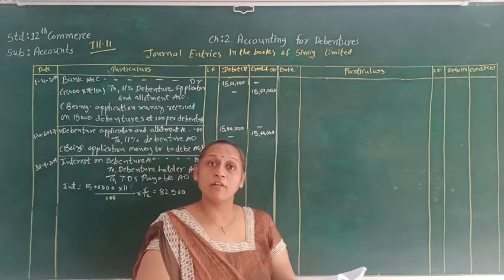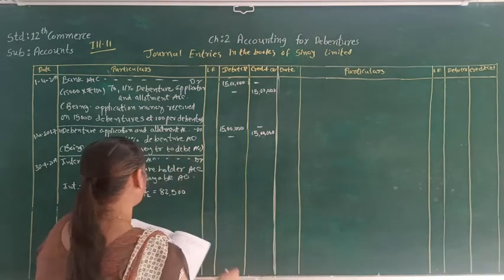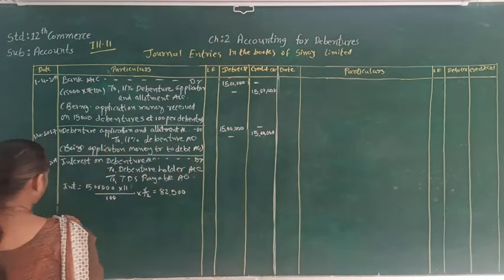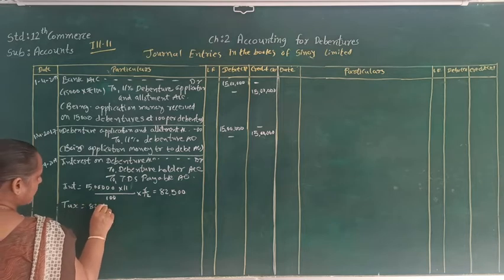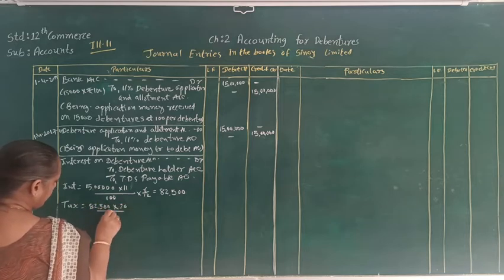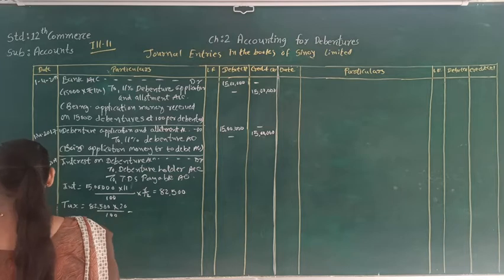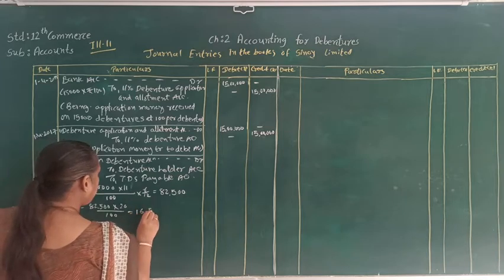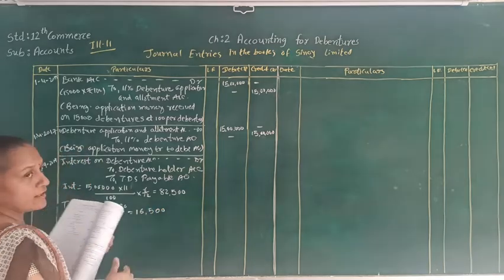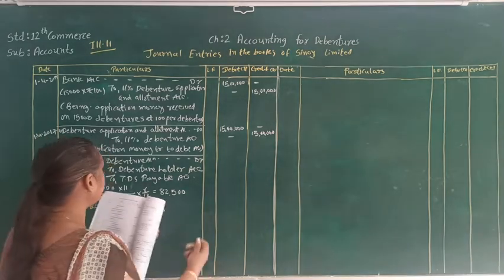So we have to calculate tax on 82,500 at the rate of 20%, so that will be 16,500.